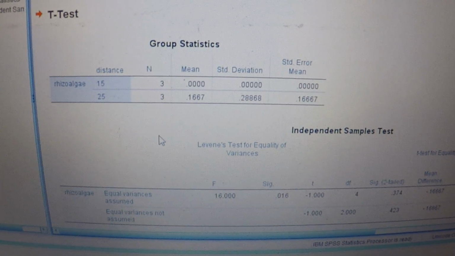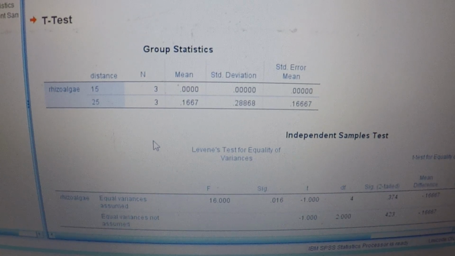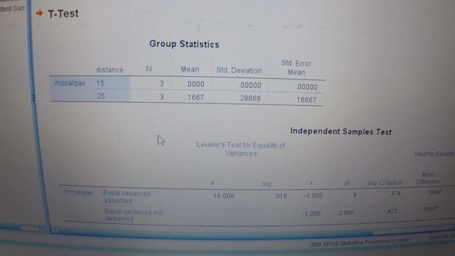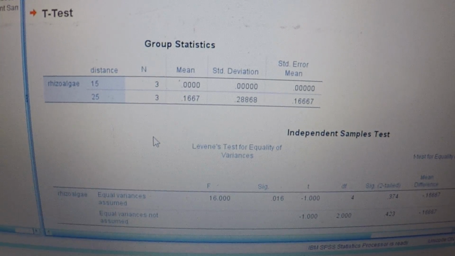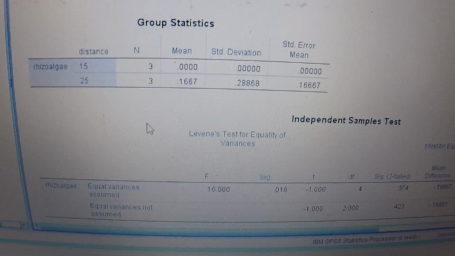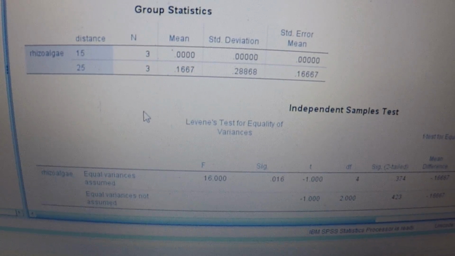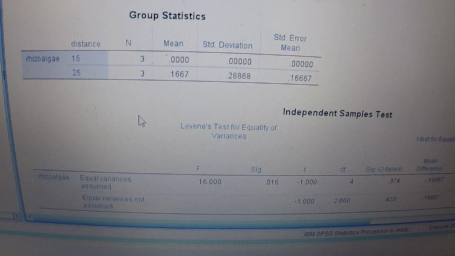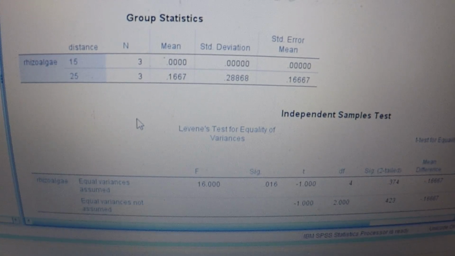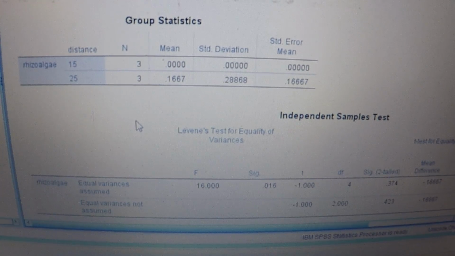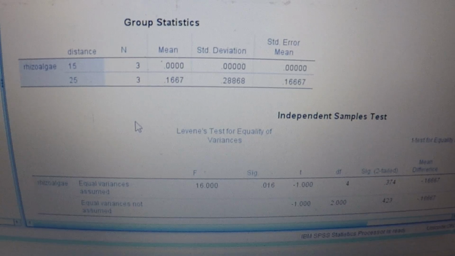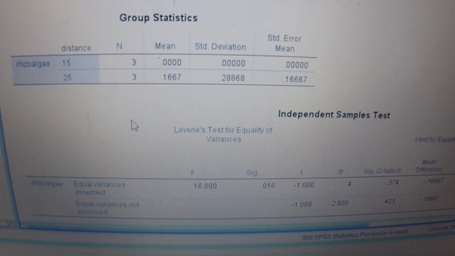And then we have SIG, which represents the p-value. The p-value can be used to determine whether there is a significant difference. In this particular case, our p-value is 0.016. So you need to go ahead and look at that p-value and compare it to alpha, which is 0.05.